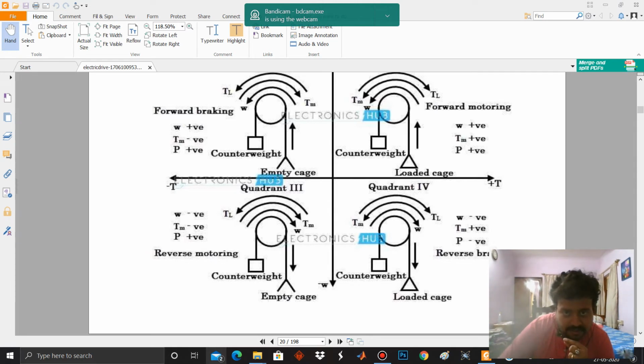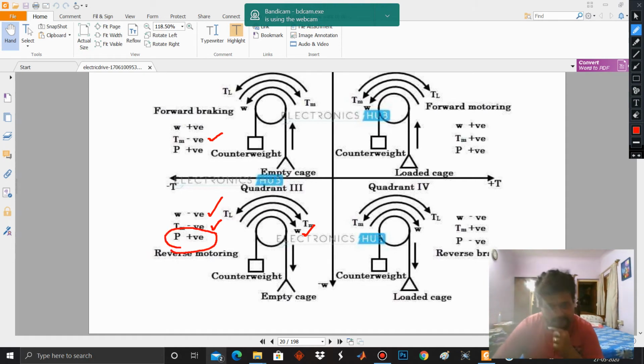Now you see in the third quadrant, the speed is in the clockwise direction, but the direction of the load torque and the motor torque was the same as that of the second quadrant. The motor torque was already negative over here. The speed was positive, but the direction of the speed has changed. Now it is negative. So minus into minus is plus. So P becomes positive, and the motion is in the downward direction.